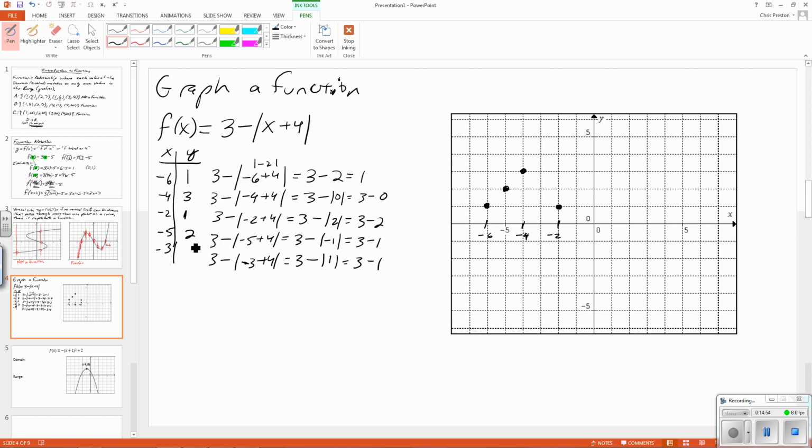So 3 minus 1 is also 2. And so we're getting this shape here. And again, I'm having a little trouble drawing straight lines here, but this is actually a sharp V shape. Okay, and that's what that graph looks like.